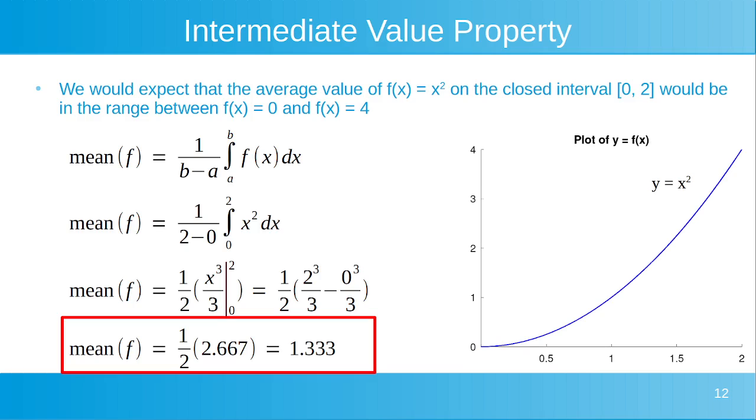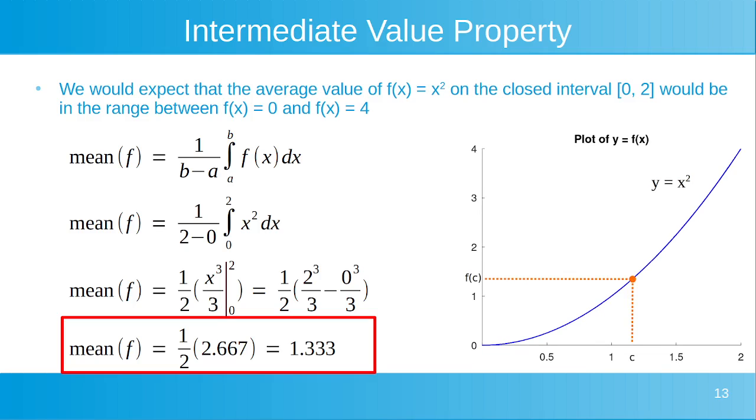If we look at our plot on the right hand side of the screen, we can see that there is a point on the closed interval from 0 to 2 where our function is equal to the average value of the function over that entire closed interval.